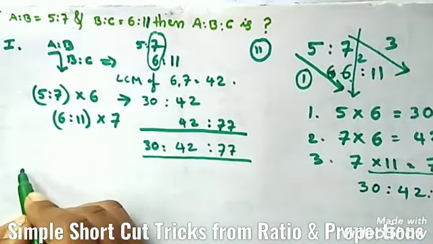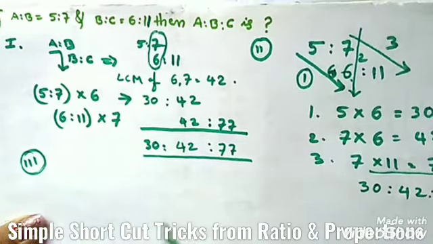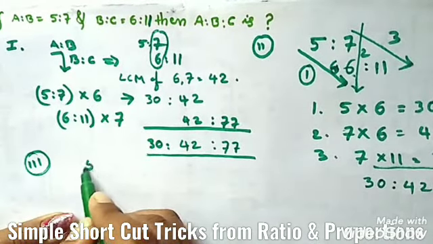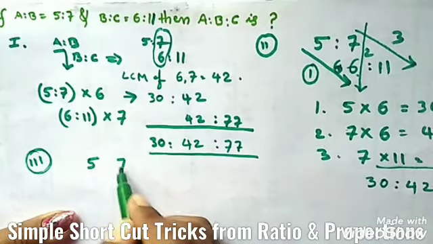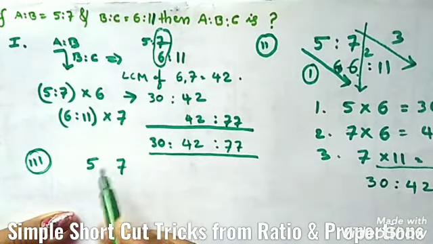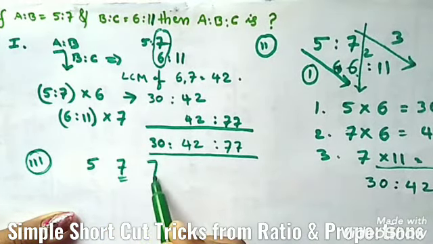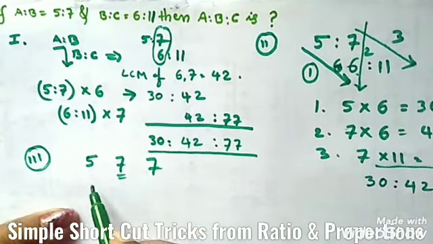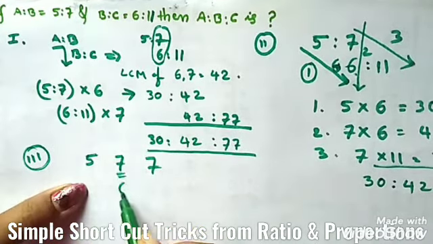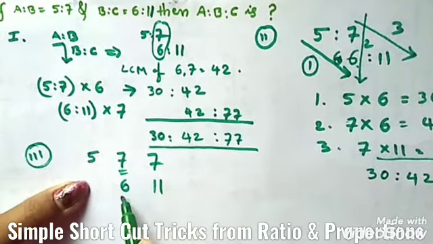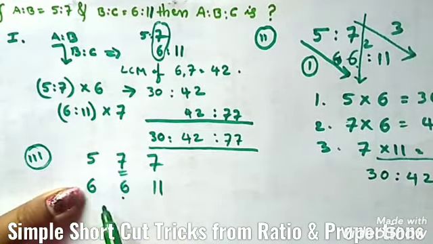Now we can solve this question in the third trick. You have to write those numbers just like this. 5 is to 7, 5, 7. This 7 should be repeated here. Now you can leave this place, and here 6 is to 11. Here is the number 6 that should be repeated here.